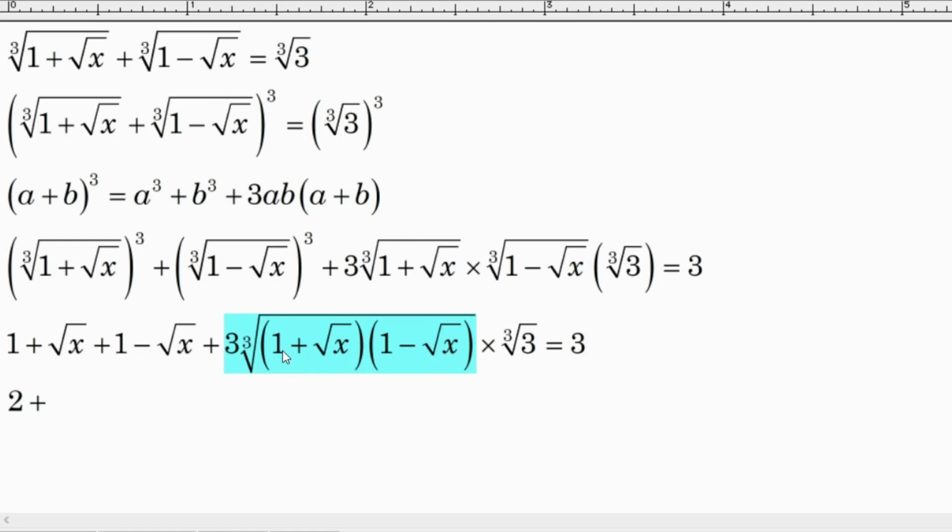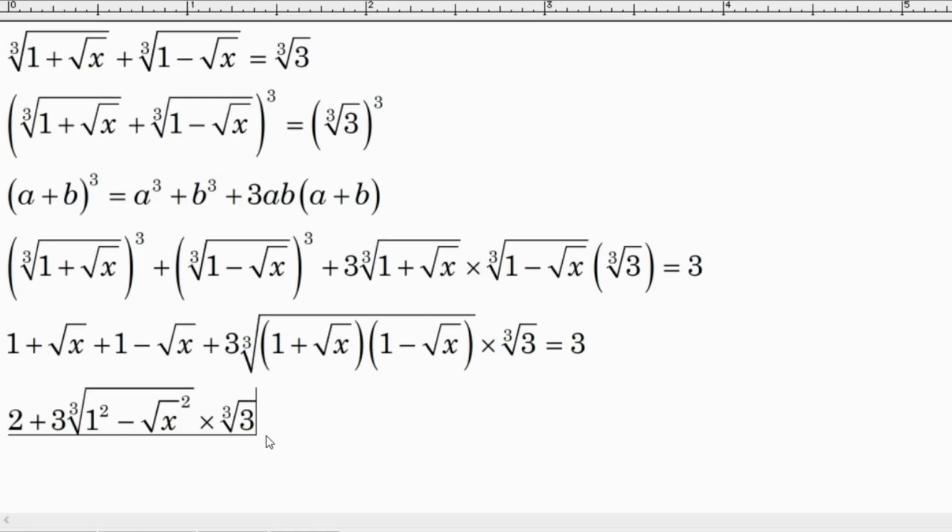So then as we can see, these two factors come together when we expand them, and then we will get 3 cube root of 1 squared minus square root of x also raised to square, and then multiply with cube root of 3, which is here, and then equal to 3.